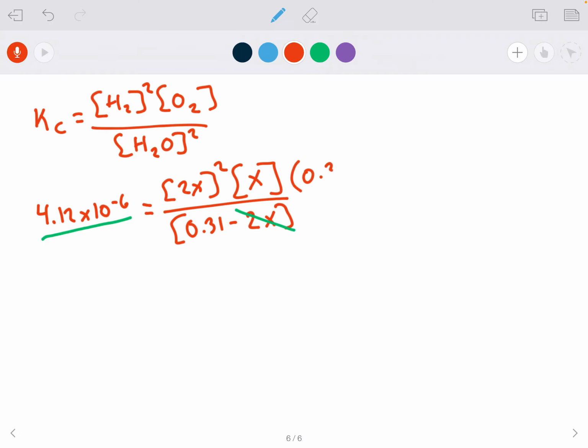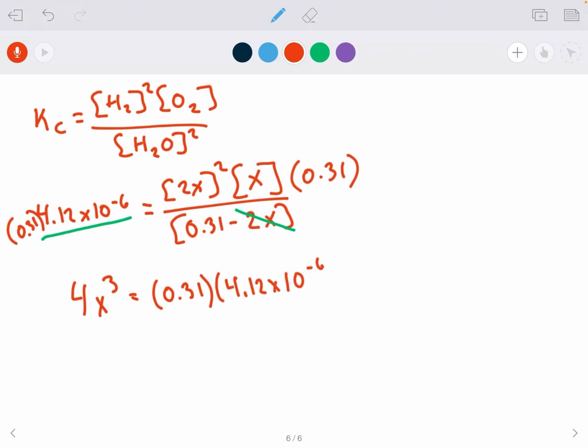So now if I multiply each side by 0.31, I'll get 4x cubed is equal to 0.31 times 4.12 times 10 to the minus 6th.